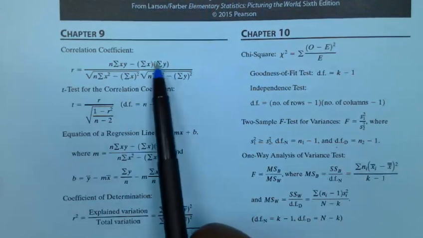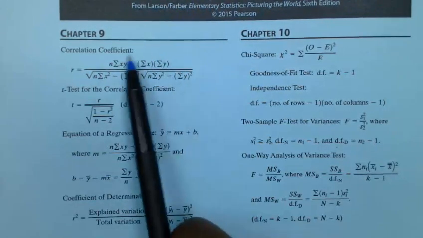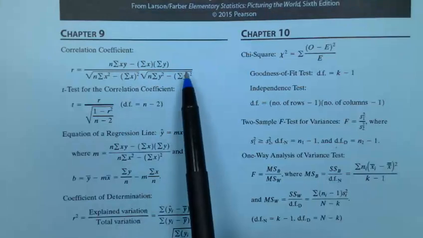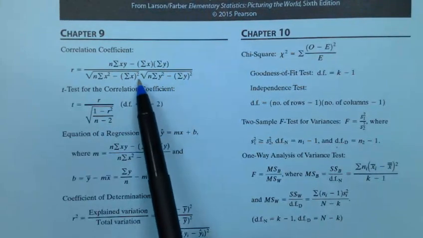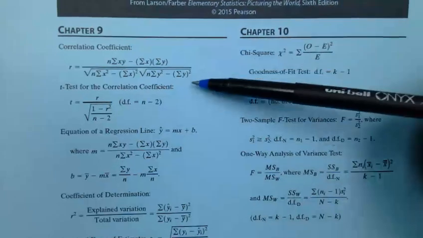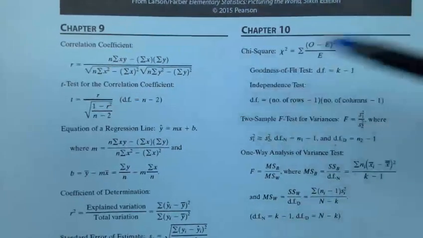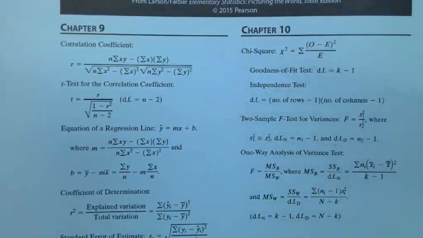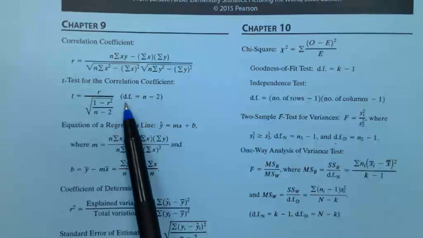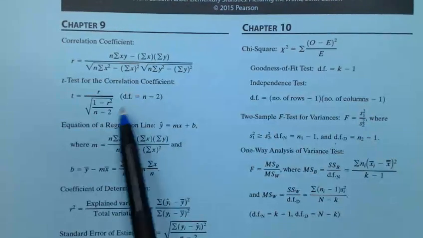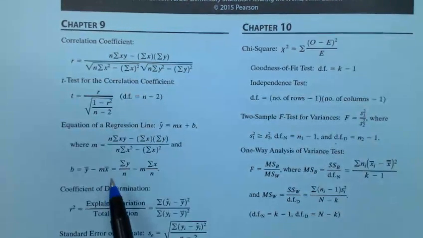All these can actually be found on 2-Var Stats if you want to work this out by hand. Make sure you're putting the parentheses in as you see them, especially with the squares. N minus 2, df is different. Degrees of freedom is N minus 2, your sample size minus 2, now for chapter 9.